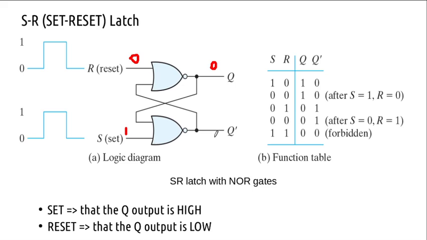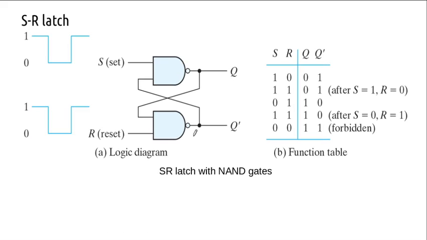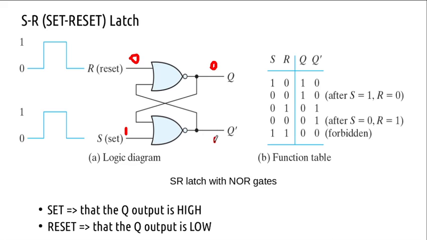That means Q bar is 1, and Q is 0. Reset condition now. So in reset condition, Q is 0 and Q bar is 1.